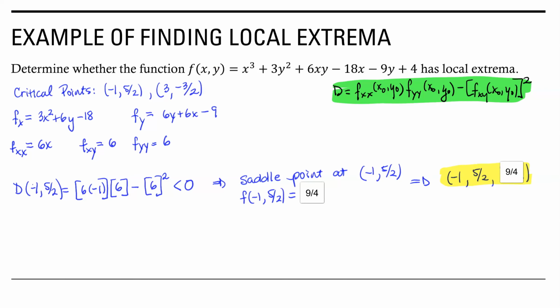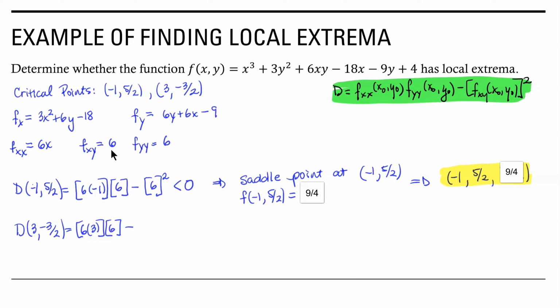Now let's go ahead and do a similar thing for our second critical point. So now we're finding D, or the determinant, when x is 3 and y is -3/2. So starting with f sub xx, we're going to have 6 times, and we pull in our x value, which was 3, times f sub yy, we saw that that was a constant, that's 6, minus f sub xy squared.